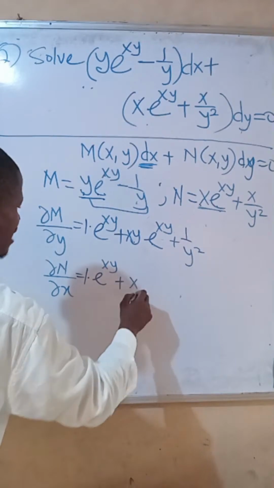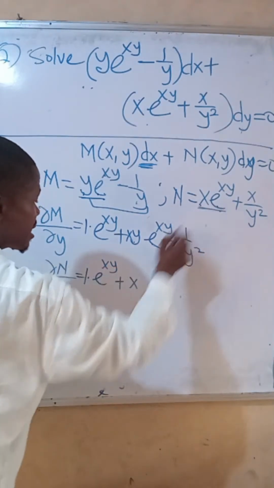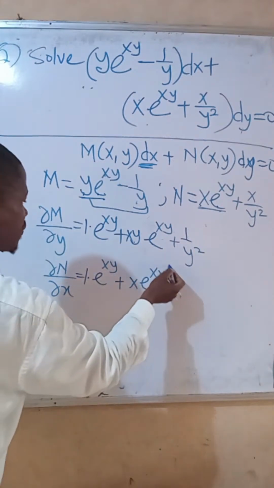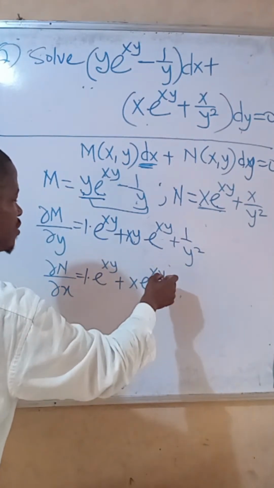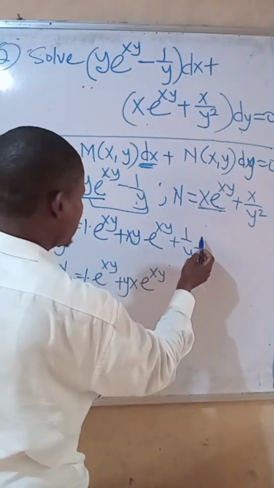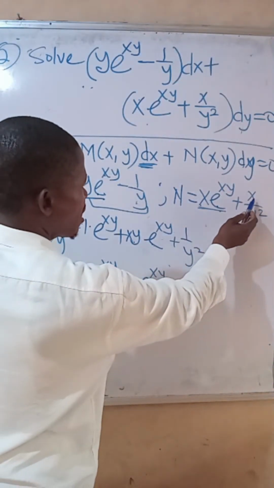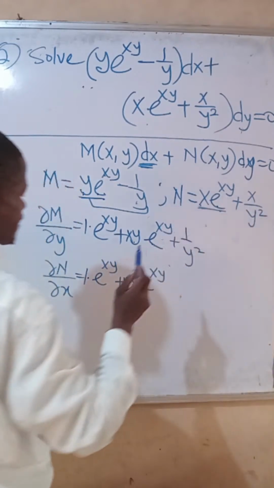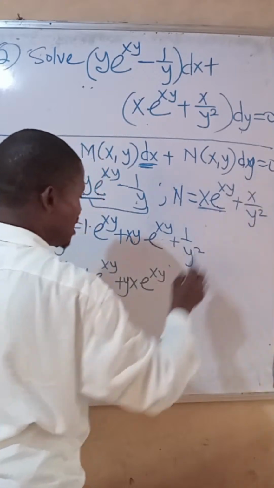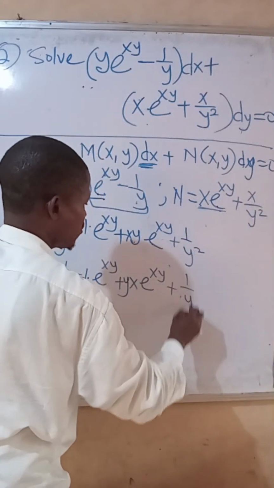Now keep your x constant, differentiate the e function, and then derivative of the power with respect to x is going to give you y. So we have that. Now differentiate x over y squared. That one is very simple. You only do the numerator, and that will be plus 1 over y squared.